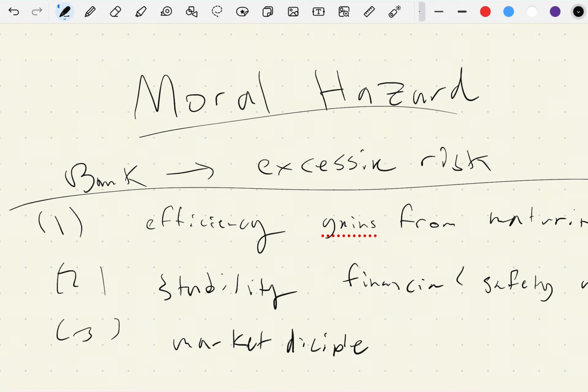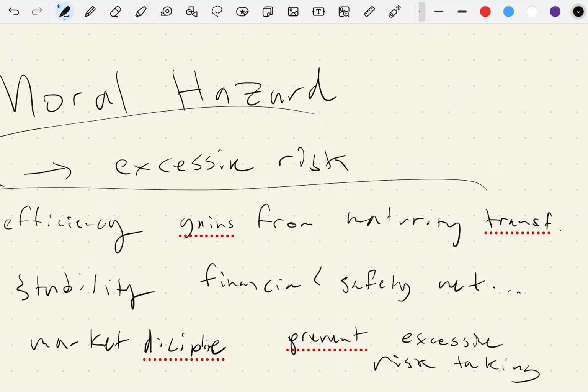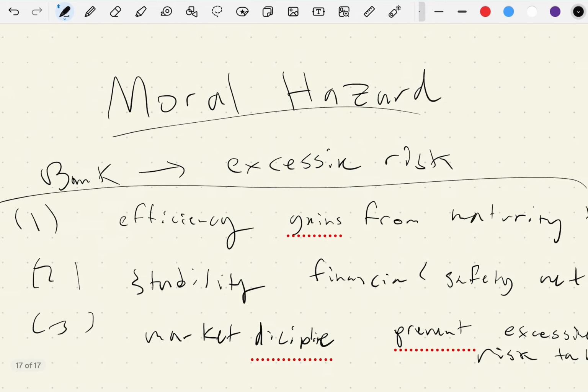And third, the market discipline to prevent excessive risk taking, or gambling, basically.